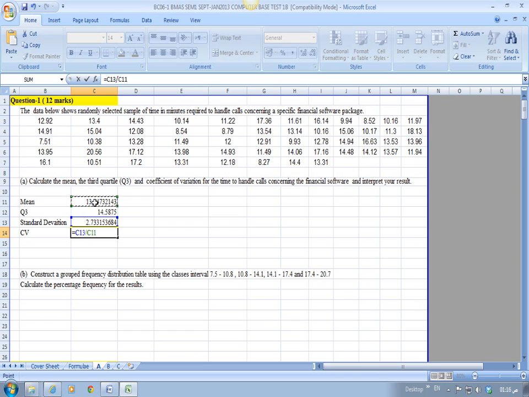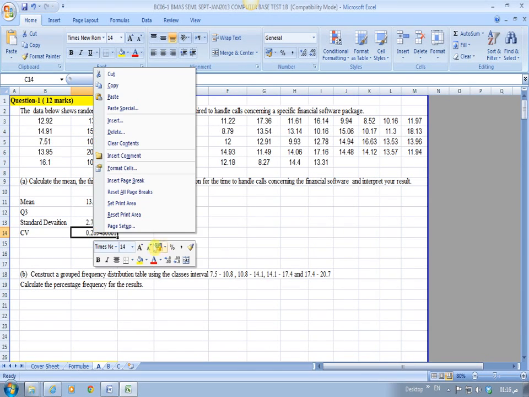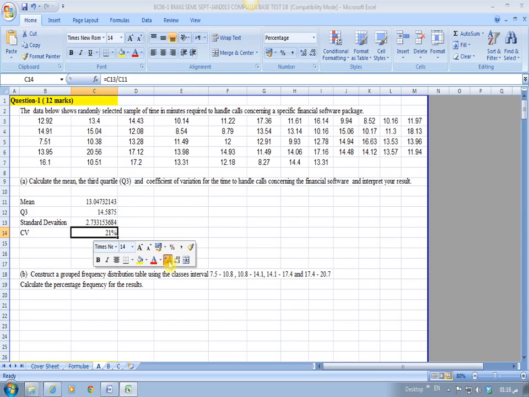Press enter, and then after that change it to percent. Right click the value and it will show you this shortcut toolbar. Then here this is percent. You can increase it to 2 decimal places.